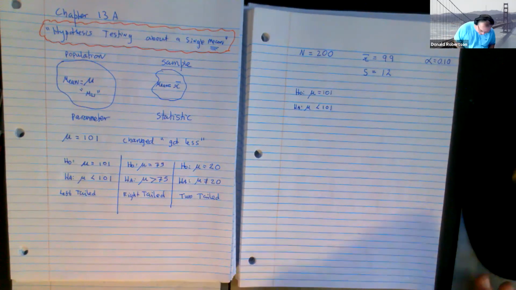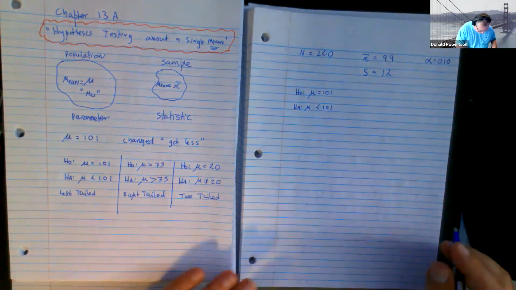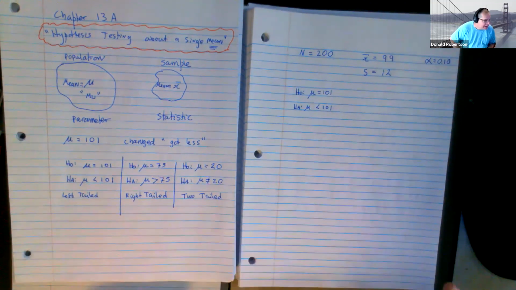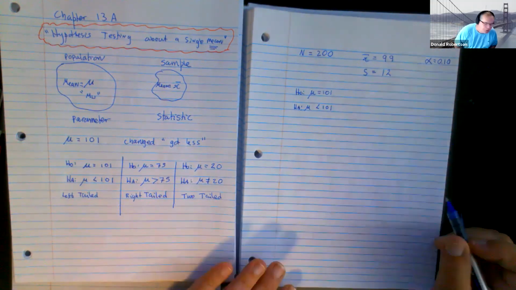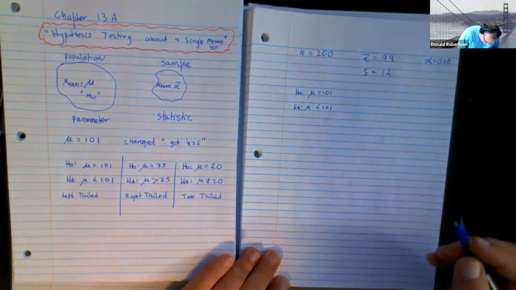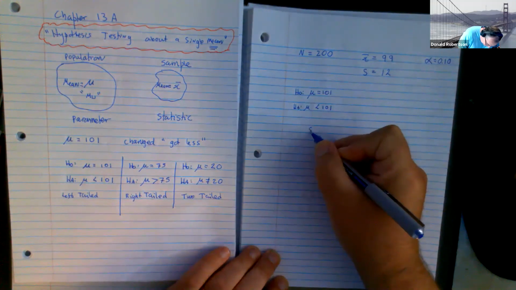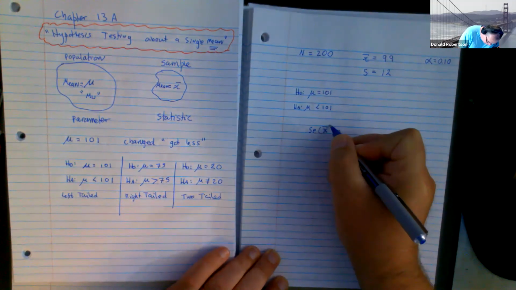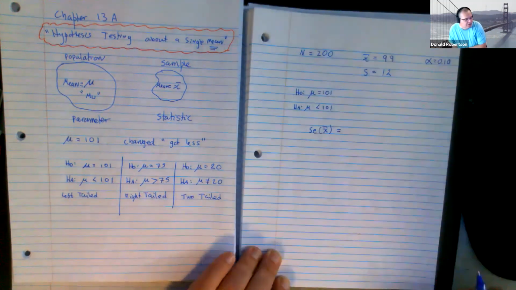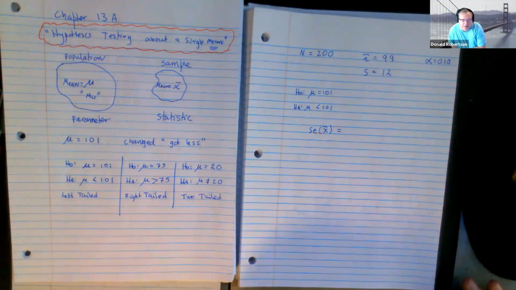So we need to collect some numbers in order to get a Z-score or a T-score. It would be a T-score in this case, for a normal sample. There is a guy that you have met before called the standard error of the sample mean. You remember that guy? So here's the biggie.